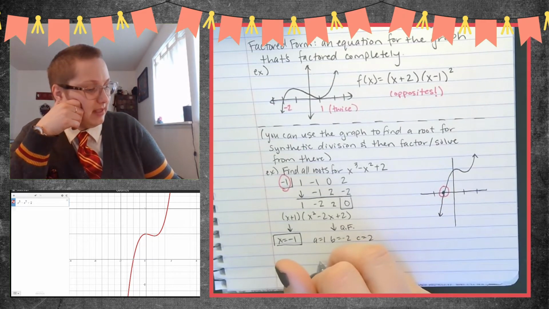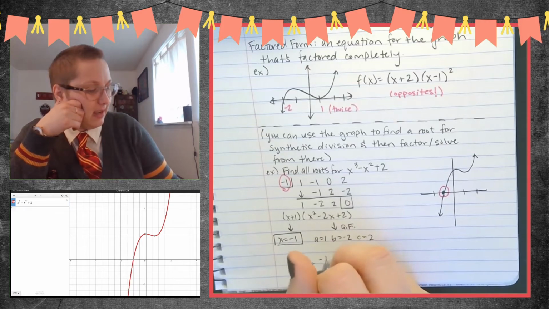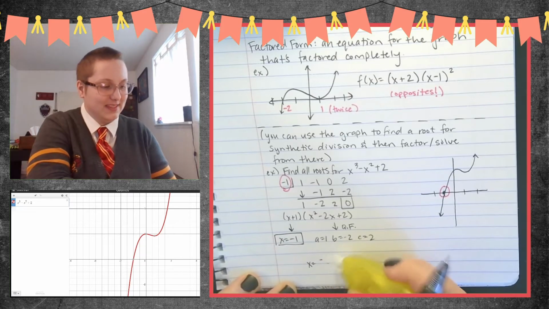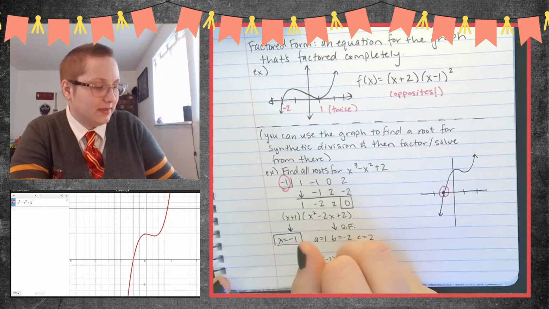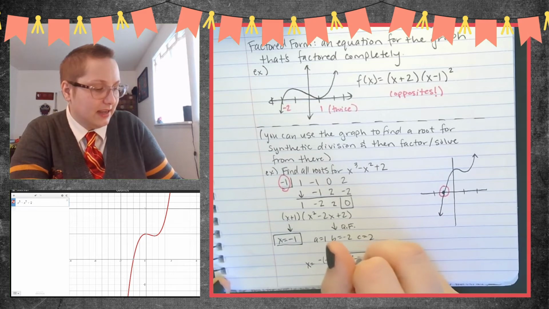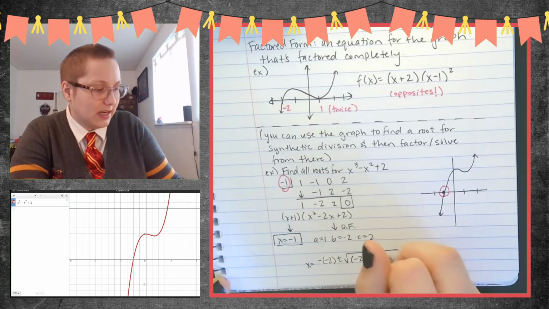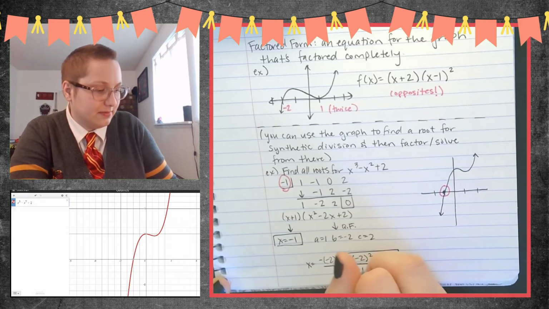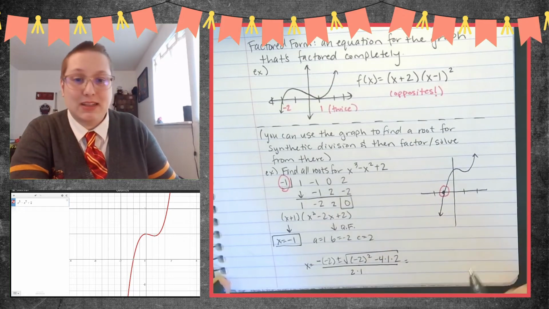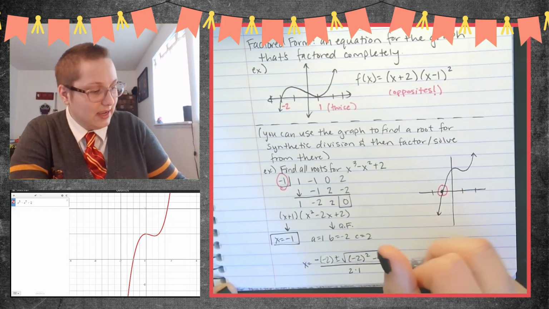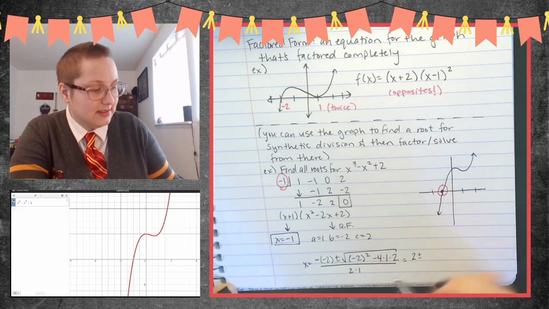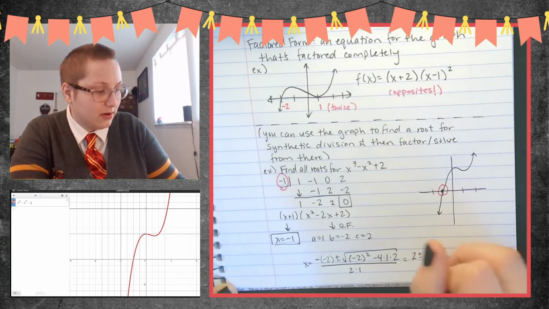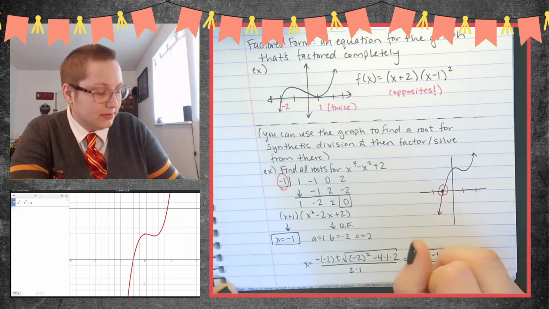So remember the quadratic formula is x equals -b plus and minus the square root of b squared minus 4ac, all over 2a. So: 2 plus and minus the square root of -2 squared minus 4 times 1 times 2, all over 2 times 1. I get 2 plus and minus, that would be 4 minus 8, so the square root of -4, all over 2.